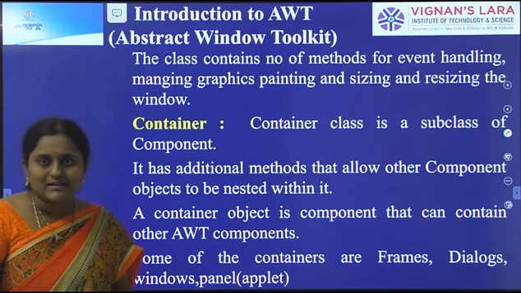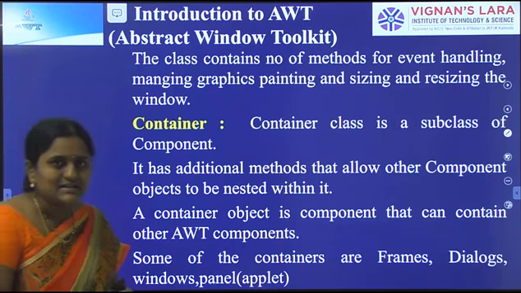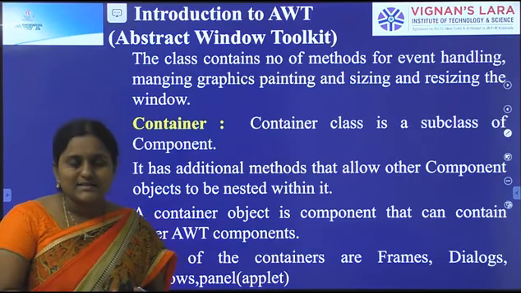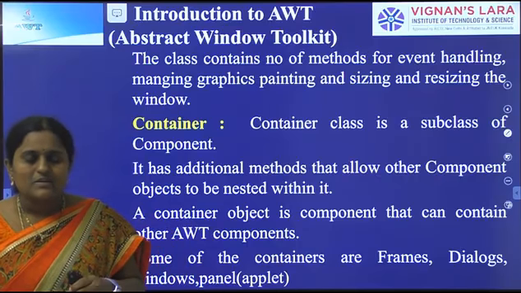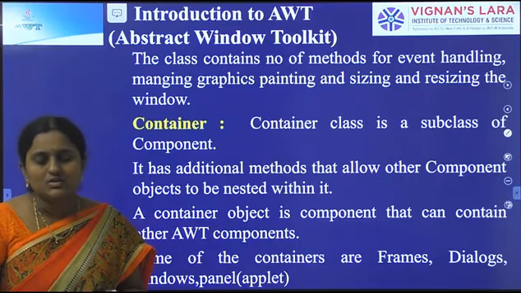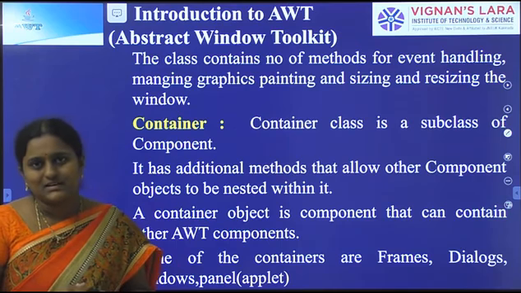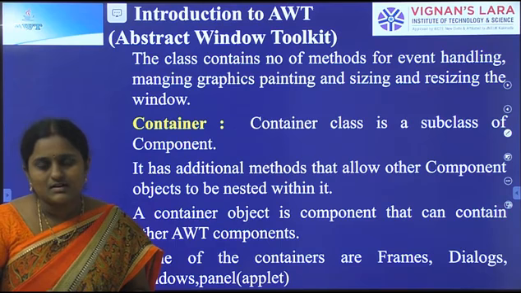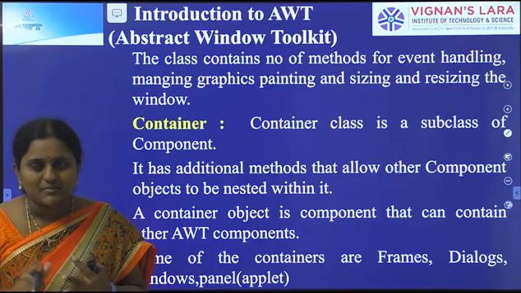Every class contains variables and methods. Component is a class, the topmost class in the AWT hierarchy, and a component is an object. Using GUI components, the user can easily interact with the application.